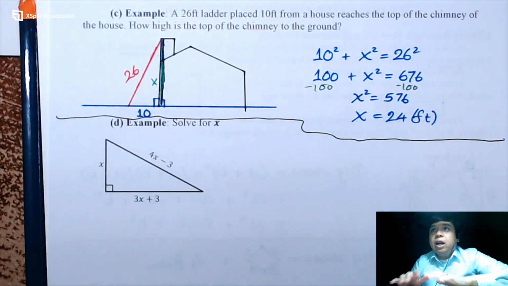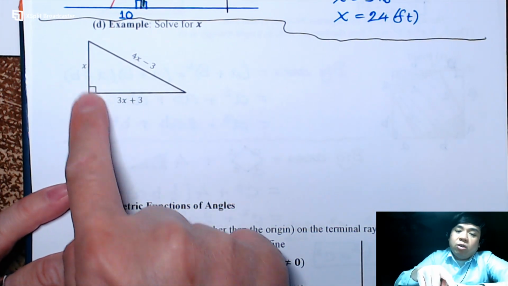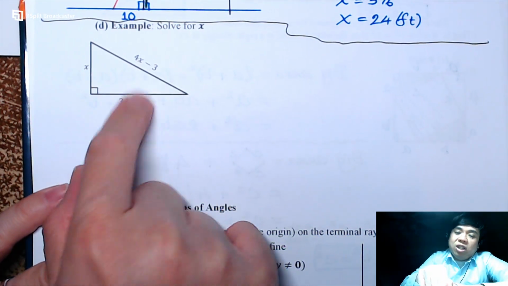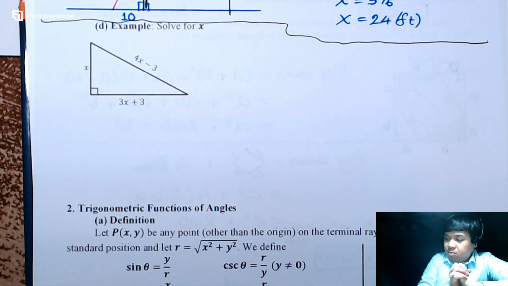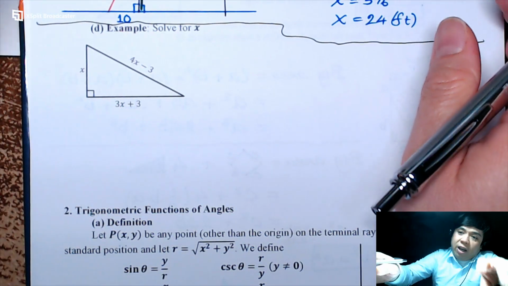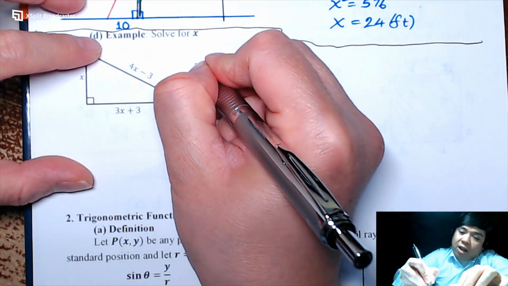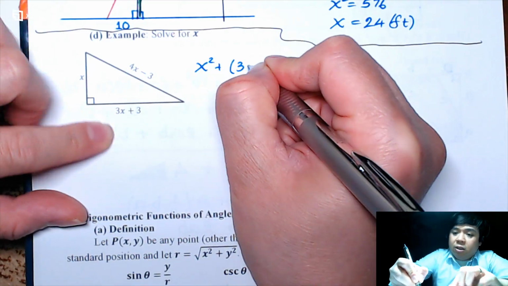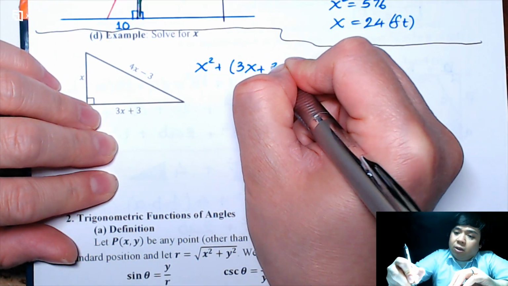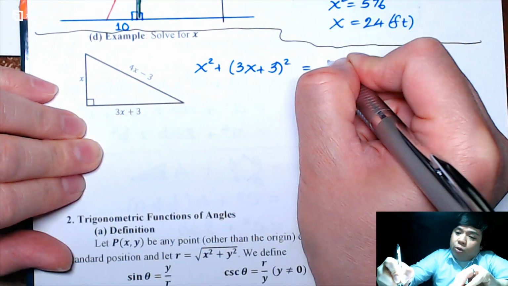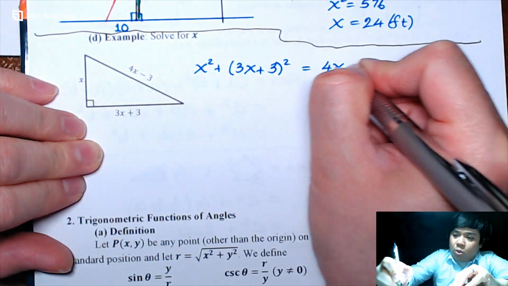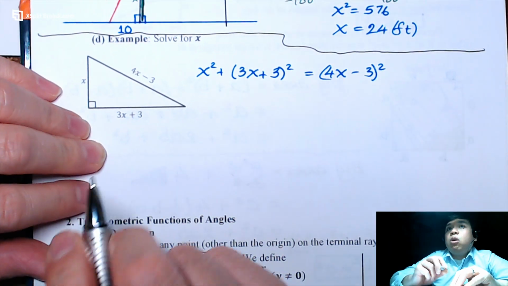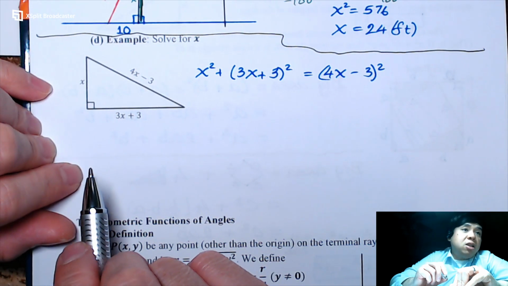Okay, now look at this right triangle again. We have three sides, so by the Pythagorean theorem we have x squared plus this side squared equal to 4x minus 3 squared. Now, a square is a number multiplied by itself.